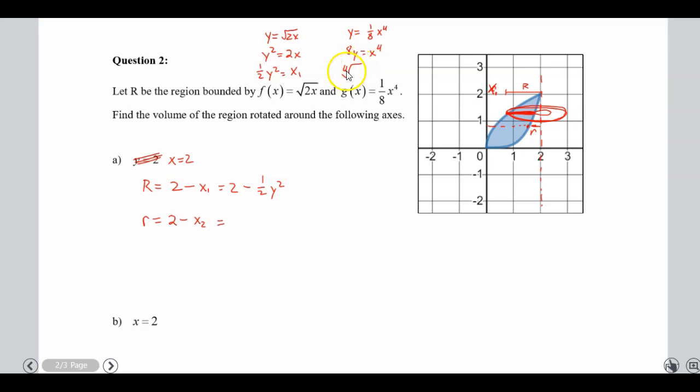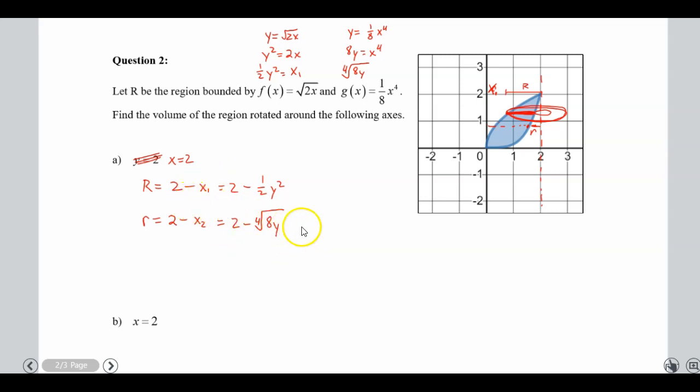So 4th root of that 8y. And you could think about simplifying roots and all that kind of stuff. Not really going to help here, but really you just need that function. We're going to approximate it anyway. So this is going to be 2 minus that 4th root of 8y.